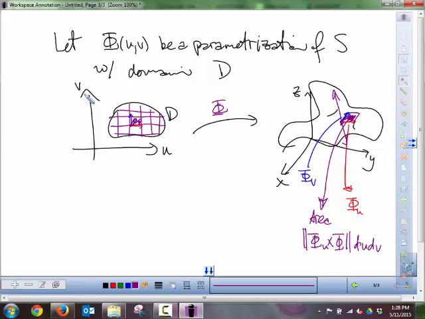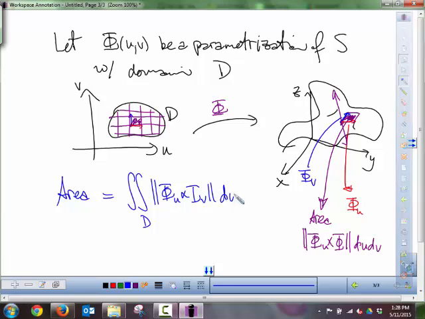So then the area of this thing is going to equal a double integral over D of the magnitude of the parameterizations du dv.